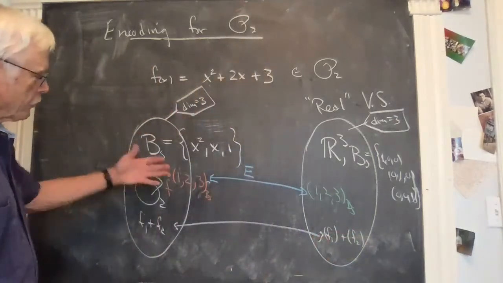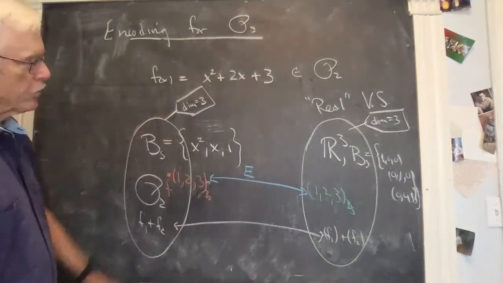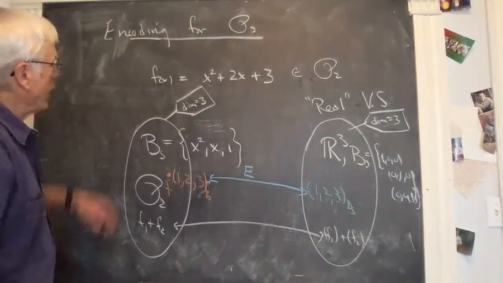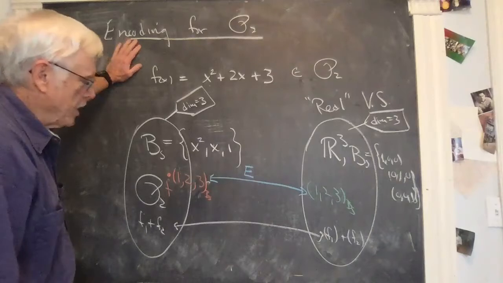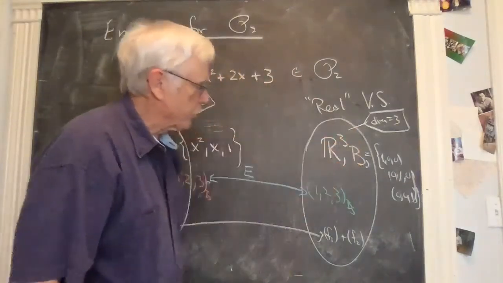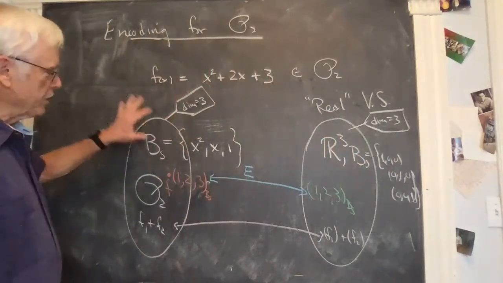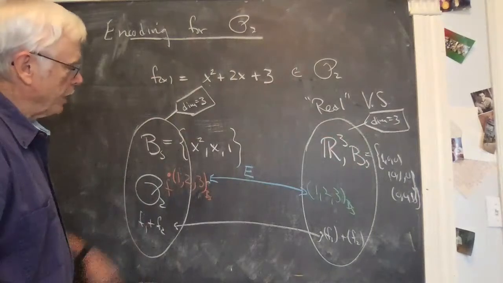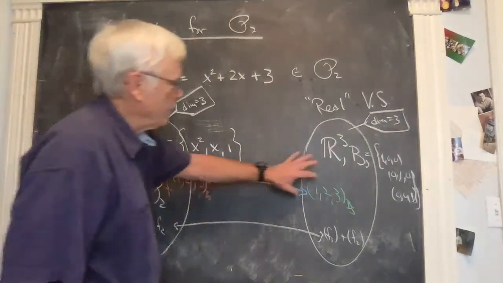So the algebra or arithmetic is the same in both, but these are polynomials and these are real vectors. And that's what it means to have an abstract vector space: you're dealing with something that has all the properties that we have over here with vector spaces, but they're not real numbers. They are other things, like in this case, polynomials. P2 is a 3-dimensional vector space. This is its basis, and it works the same here.